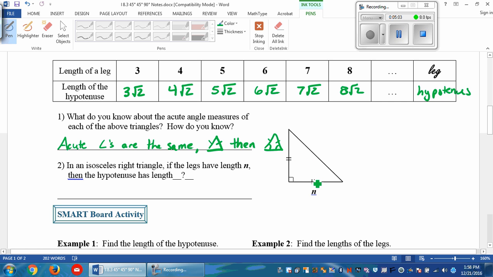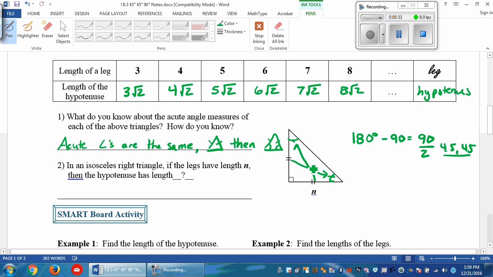So this angle would be congruent to this angle right here. Because we know there are 180 degrees in a triangle, if one of them is 90, you're left with 90, and they have to be the same, so you can divide by 2. 45 and 45 are left over for those other two.